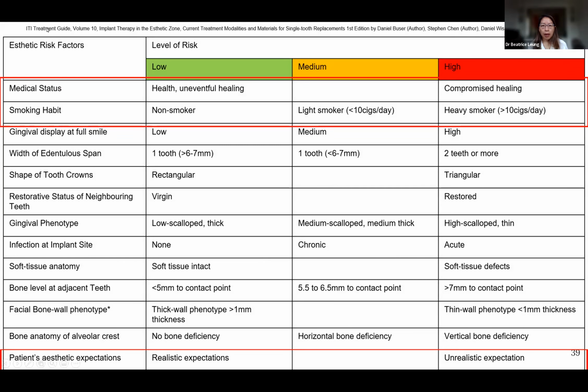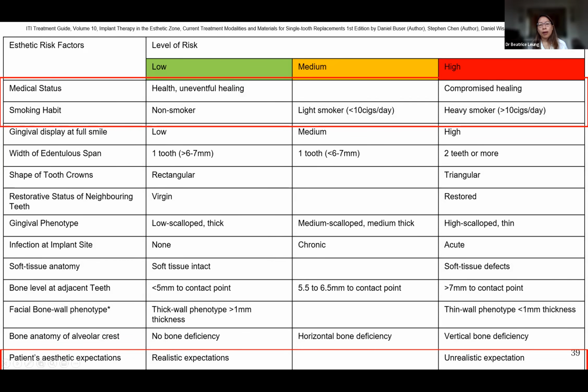Now, I wanted to bring back this little ITI treatment guide, which tells you about risk factors, aesthetic risk factors. It just helps you understand where your patient may fall under the aesthetic risk. This is a low risk, medium, and high risk.